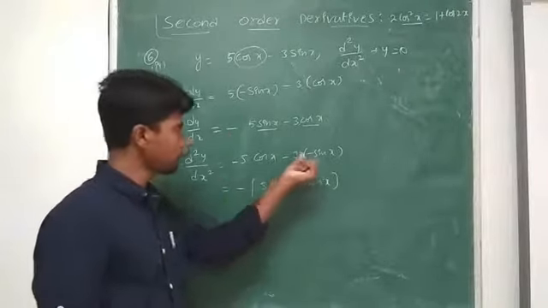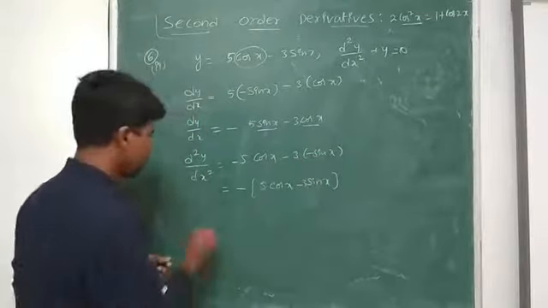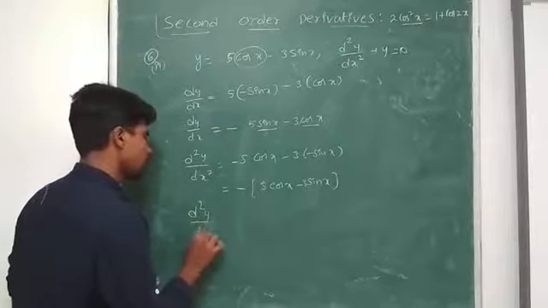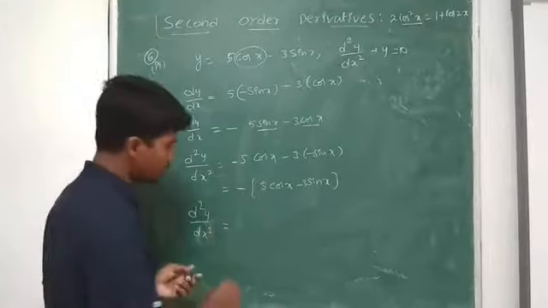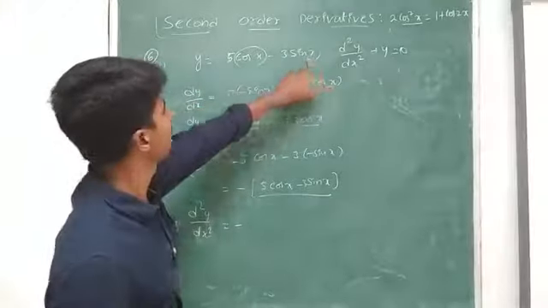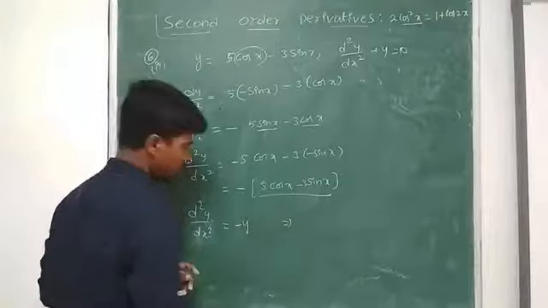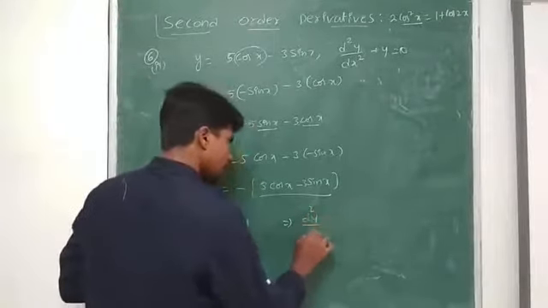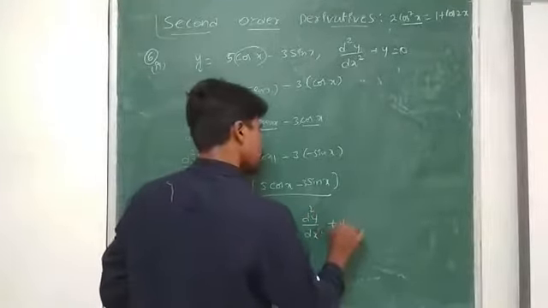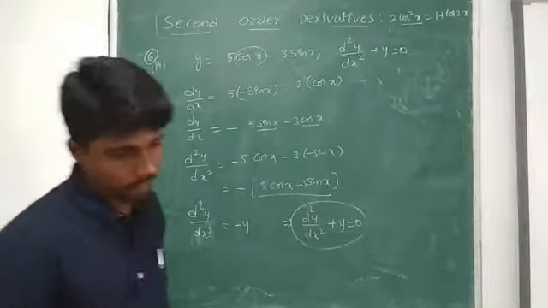Now d square y by dx square is equal to minus of 5 cos x minus 3 sin x, which is nothing but y, so it is minus y. Transfer to the left side, we get d square y by dx square plus y equal to 0. Okay, next problem.